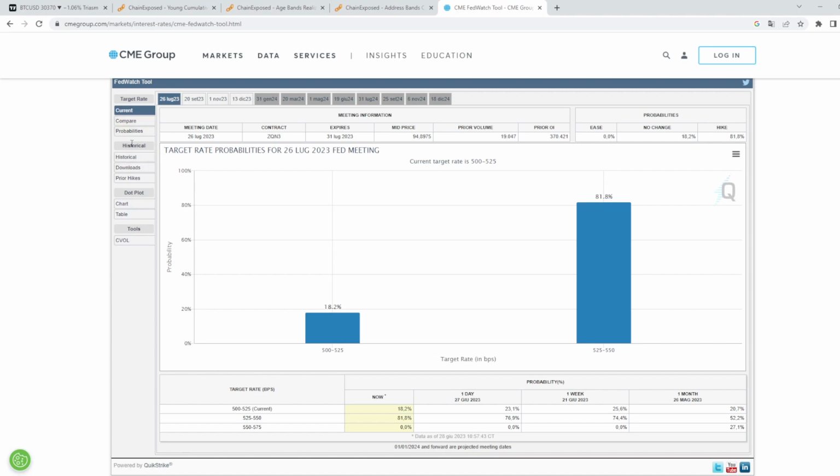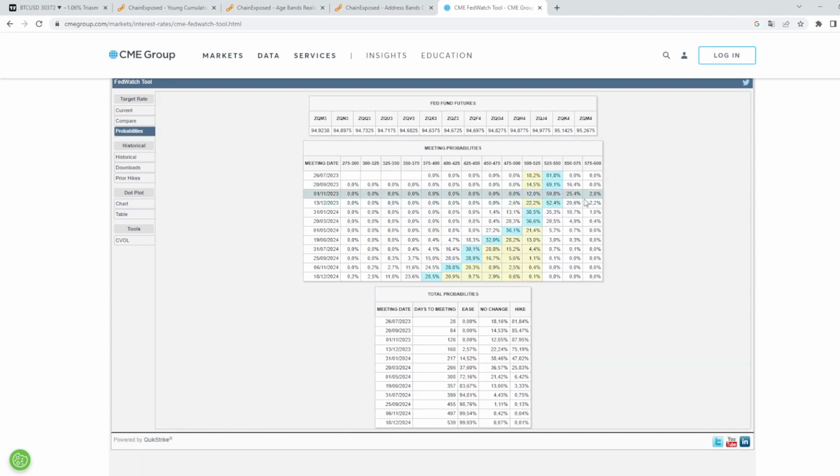And not only that, because if we take probabilities, we have this rate hike right here, and probably next month we'll get into another rate hike, because if something changed like this, it's probable that we get another rate hike of 25 bps at this point. And then we'll probably start cutting rates at the end of 2024 and into 2025.